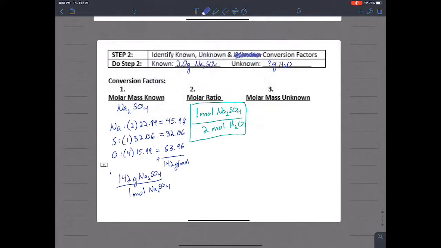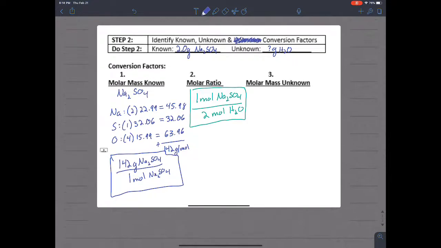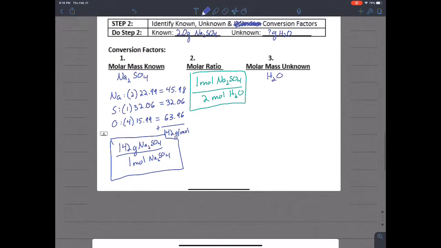And I'll highlight my other conversion factor down here. Okay, and now we're going to go to the molar mass of water, which might become second nature to you guys at some point to know that. So we have hydrogen twice, and that's 1.01. Then we have oxygen once, and it's 15.99.